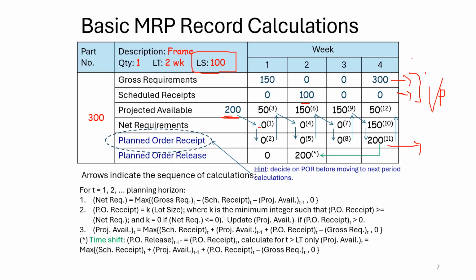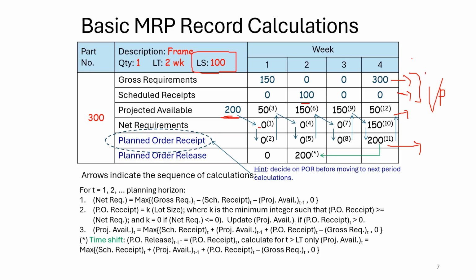So even though we require only 150 units as net requirements, we plan to receive 200 units only because of our lot size constraint. And at the end of this transaction, we are left with 200 minus 150, which is 50 units of inventory at the end of week 4.